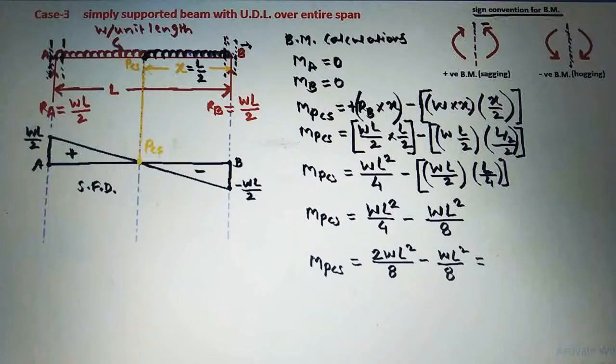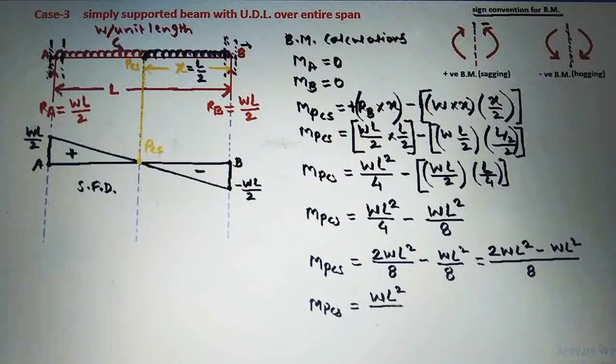Then we will write here 2 WL square minus WL square divided by 8. So 2 WL square minus WL square will be equal to WL square divided by 8. So this is the bending moment at the point of contrast shear, and that is WL square by 8. So these are the bending moment calculations.